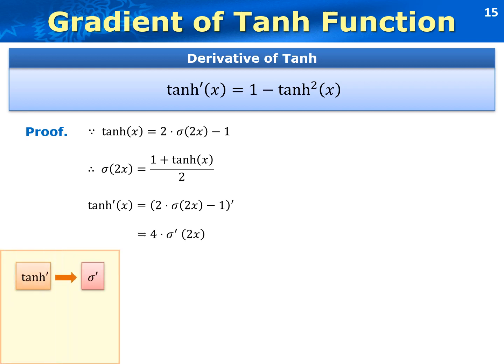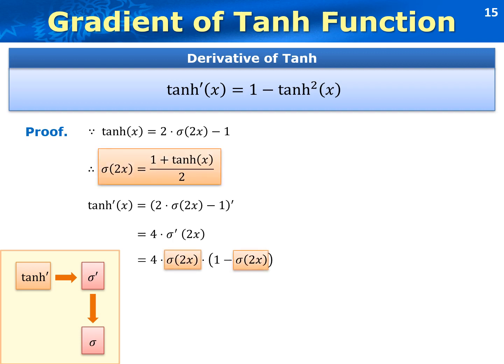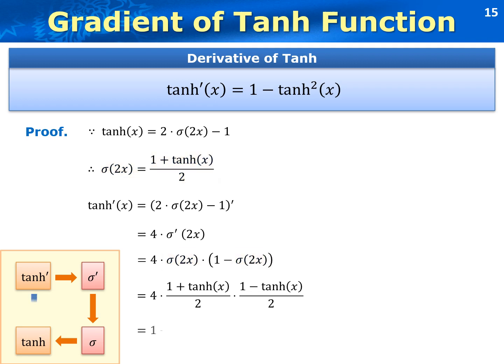Thus, the right-hand side becomes 4 times the derivative of sigma of 2x. Since the derivative of sigma equals sigma times 1 minus sigma, the following result holds. Finally, we replace sigma of 2x with this expression in terms of tanh of x, which yields the following result. Simplifying this equation produces our final results.